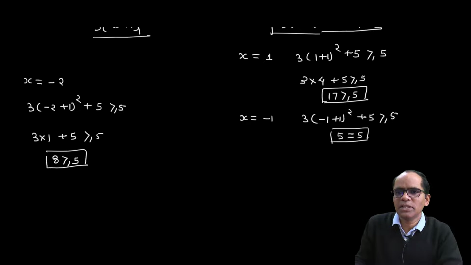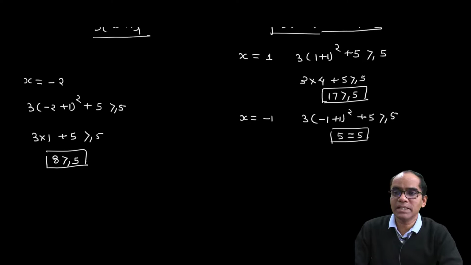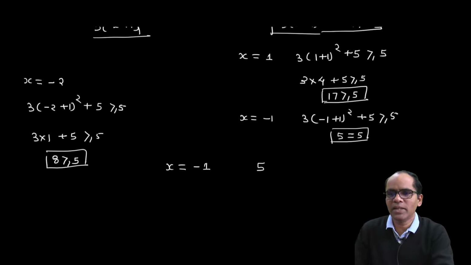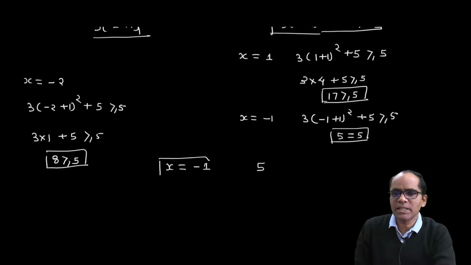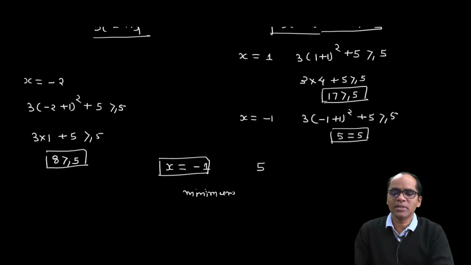So with these three values we can clearly see that for x equal minus 1 we are getting 5, and for all other values we are getting values greater than 5. So in this case x equal minus 1 is the minimum value of this function.